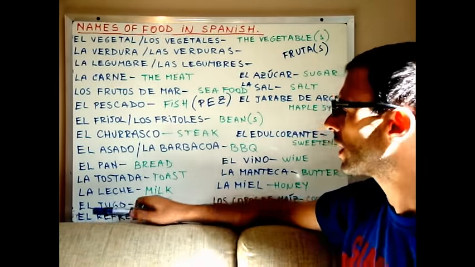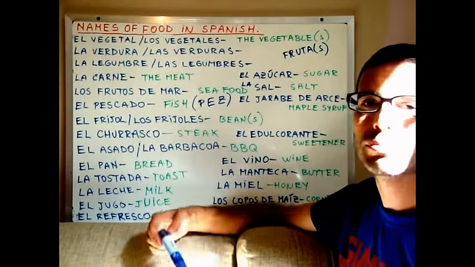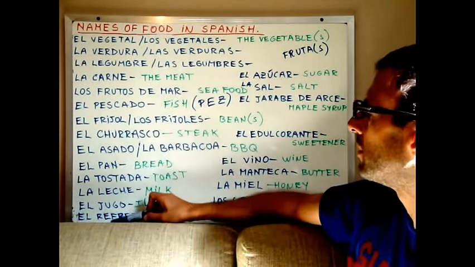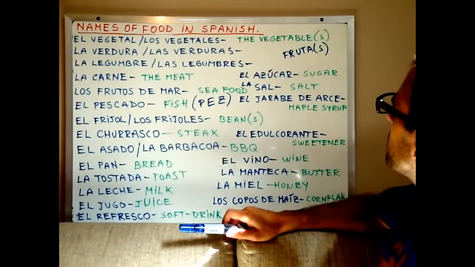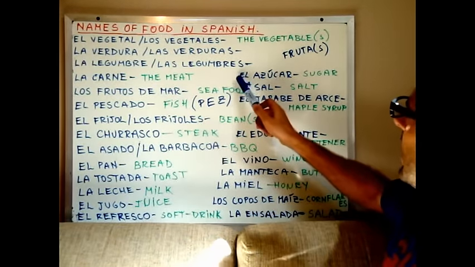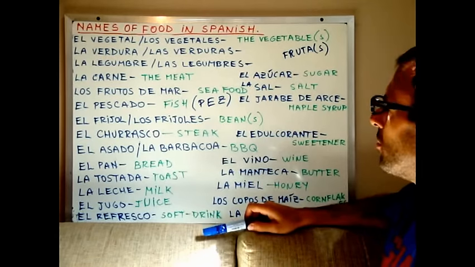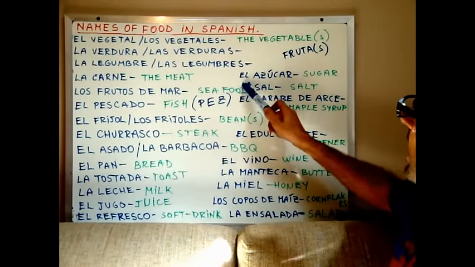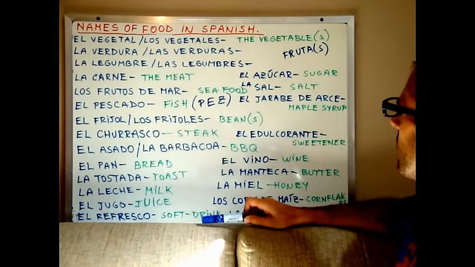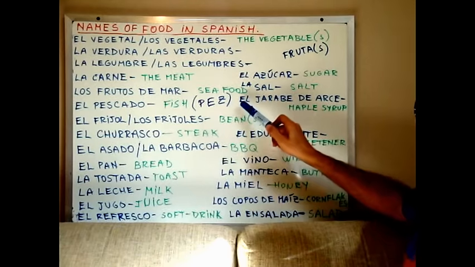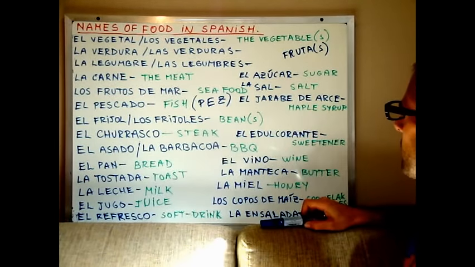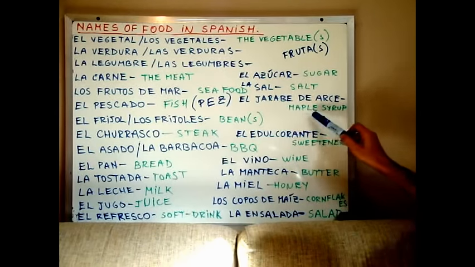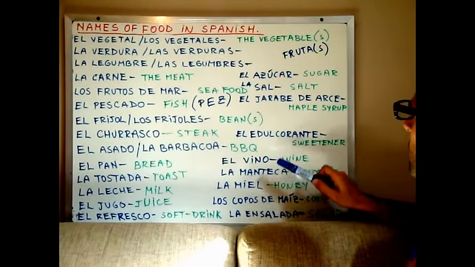So refresco can be a Coca-Cola, a Sprite, any bubbly drink. We have el azúcar for the sugar. La sal, the salt. El jarabe de arce for the maple syrup. Jarabe de arce.